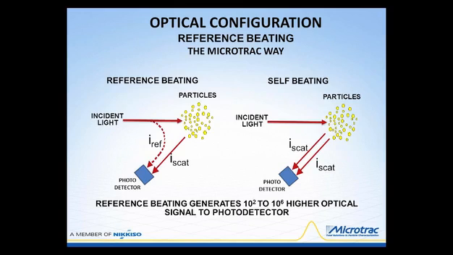That was initially called heterodyne detection, as opposed to the self-beating, which has been called homodyne beating. That terminology is changing to what I have indicated here in a recent ISO revision of the dynamic light scattering standard. So we'll use the newer description.